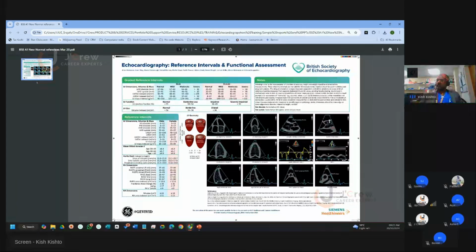You can use this as a reference, but like I said, that's not going to match what you're doing back home because you follow a different guideline. The key thing here is all these measurements. Get yourself into a routine to put this into your practice.